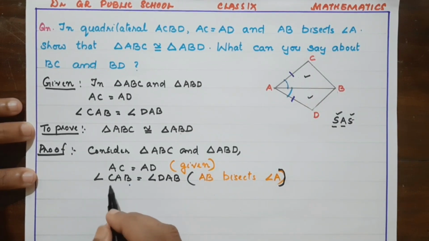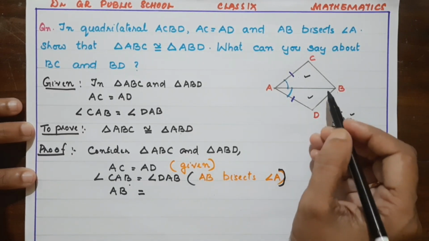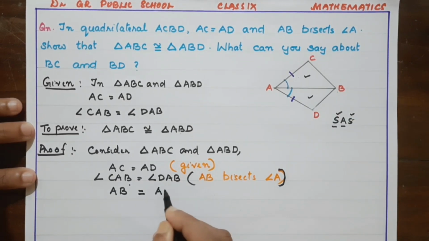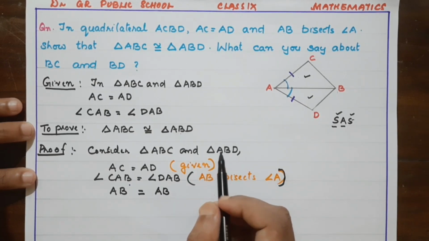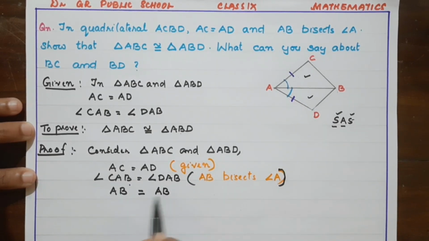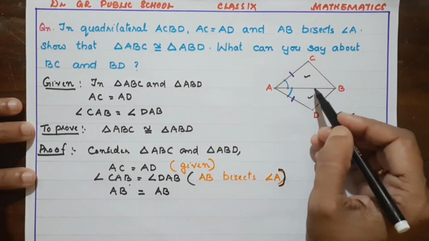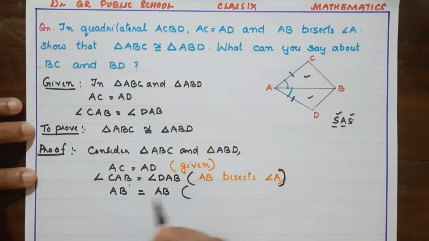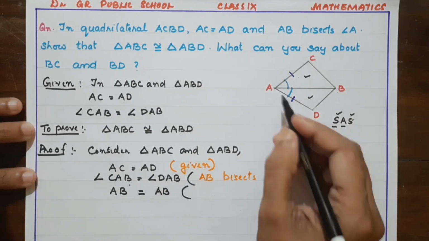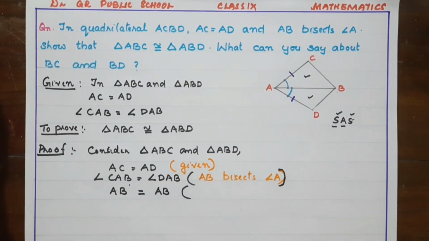So we can write AB is equal to AB, or you can write BA. Okay, so we got one more equality for these two triangles. What is the reason? Since AB is the common side, we can write common side.